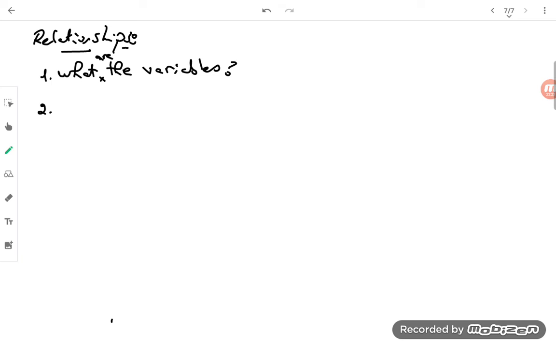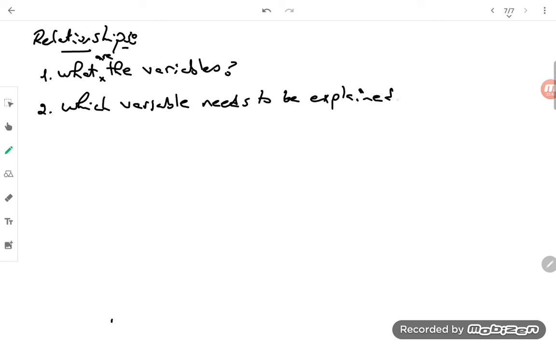Explained means dependent. And which one is the explanatory variable or the independent variable?